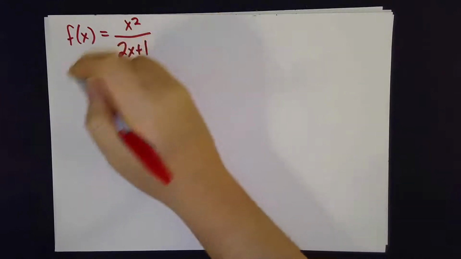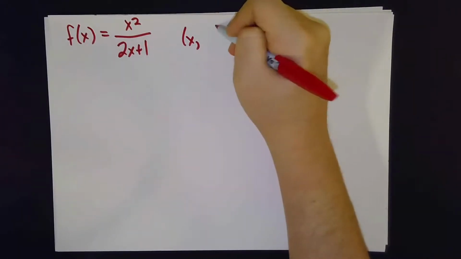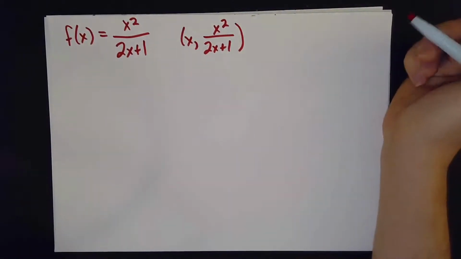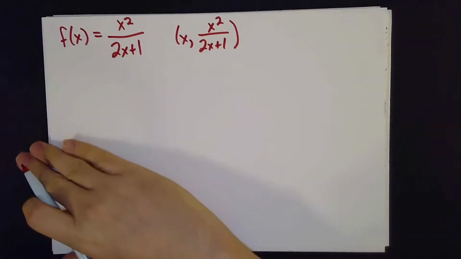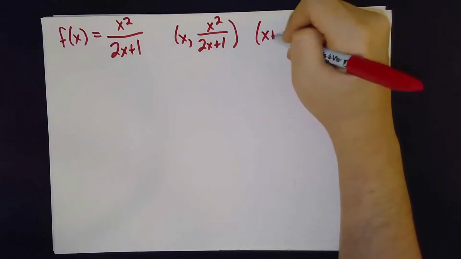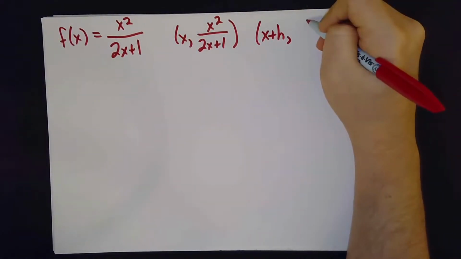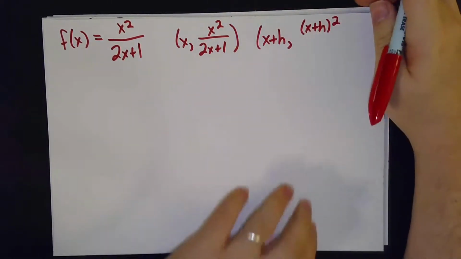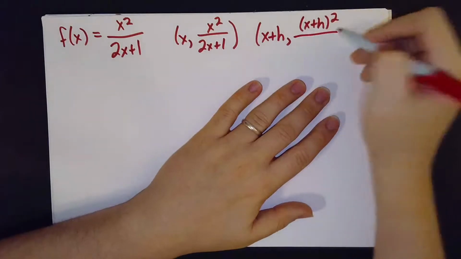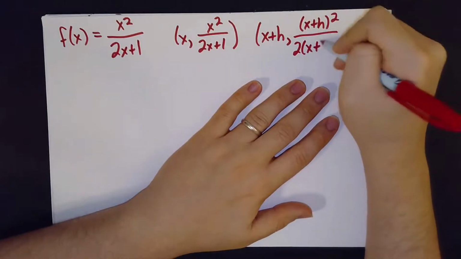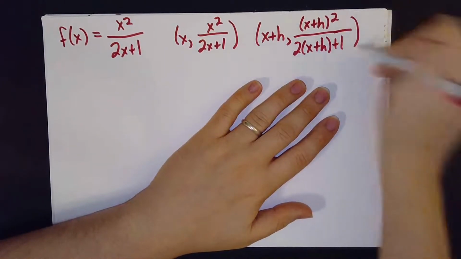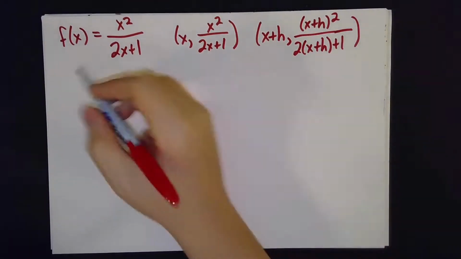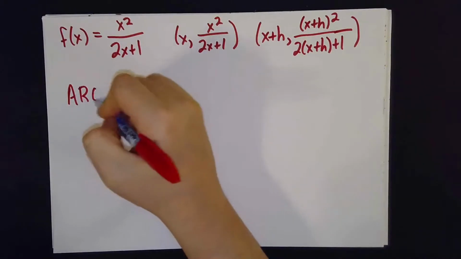So we're going to have to write down our 2 points. Okay, so we want to calculate the average rate of change here.